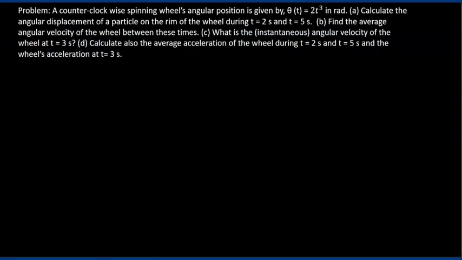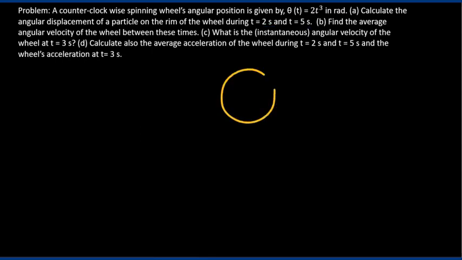A counterclockwise spinning wheel's angular position is given by this expression, so it's a function of time, and it's measured in the unit of radians. Now first, let's calculate the angular displacement of a particle on the rim of the wheel between t equals 2 and t equals 5 seconds.